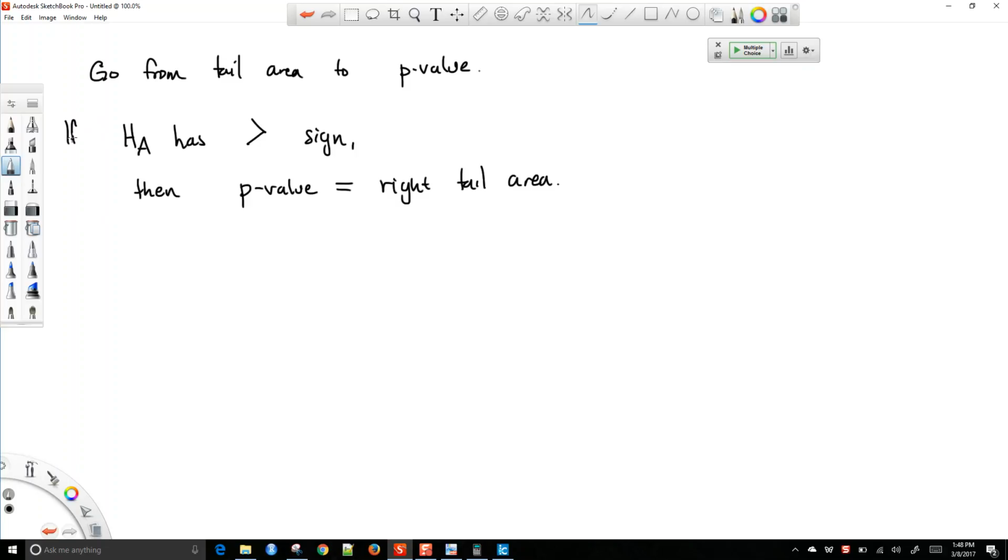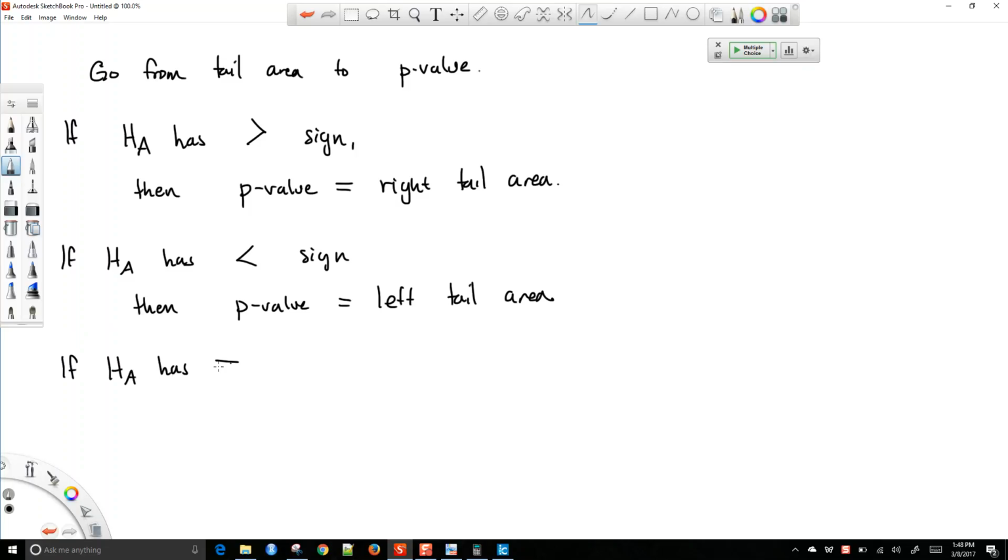If the alternative has a less than sign, then the p-value is equal to the left tail area. And if the alternative has a not equal sign, then the p-value is equal to 2 times the tail area.